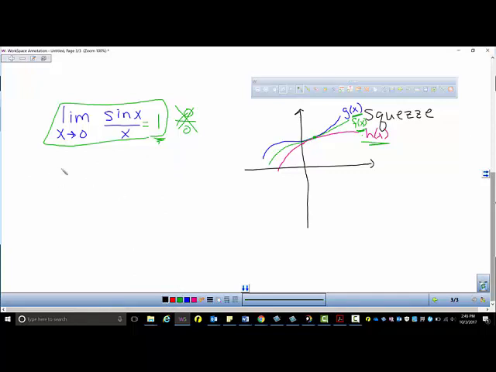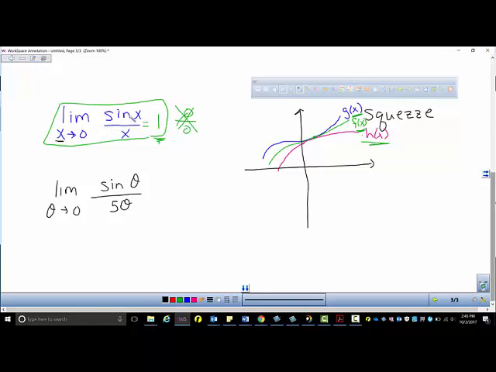So for example, you might have a problem like the limit as theta approaches 0 of the sine of theta over 5 theta. I use theta because sometimes the book doesn't use x, sometimes it uses theta, and I just want you to get used to that. Theta and x are the same thing.